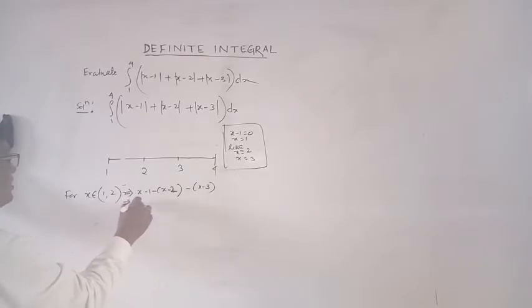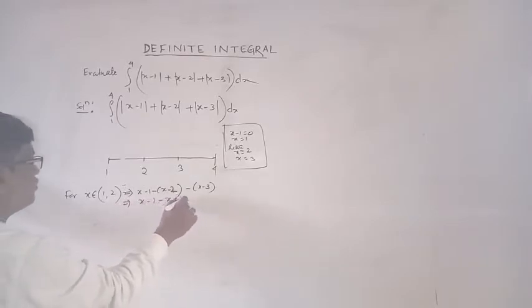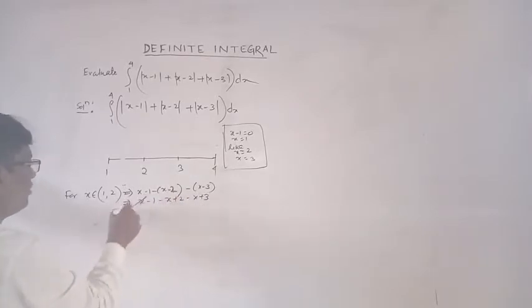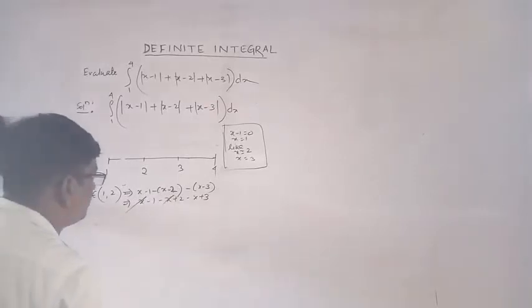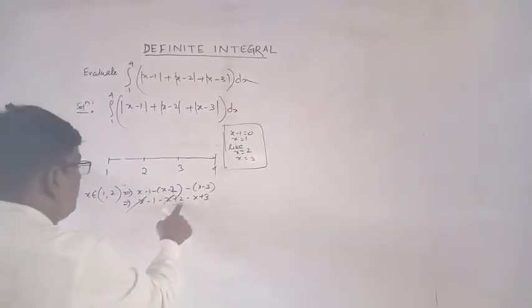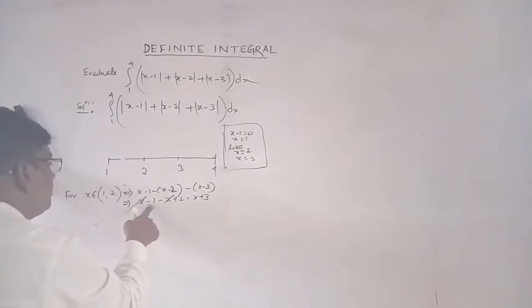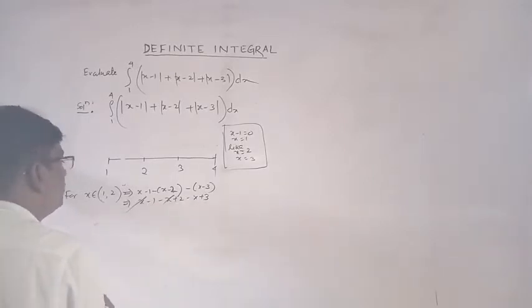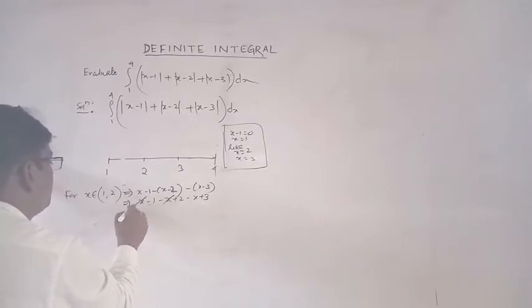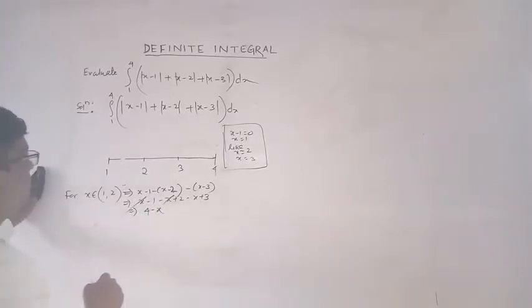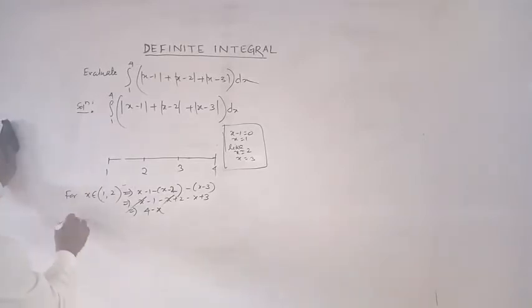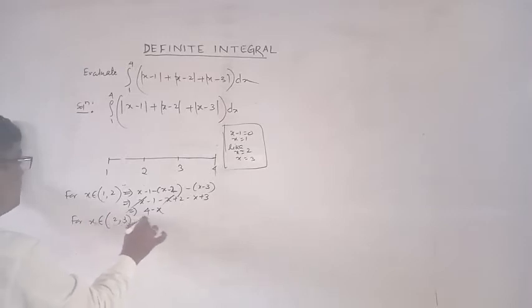So x − 1 − x + 2 − x + 3 gives 5 − 1, that is 4 − x. So f(x) = 4 − x.